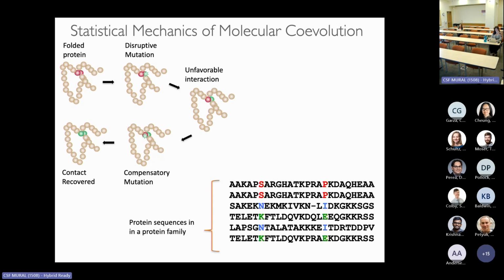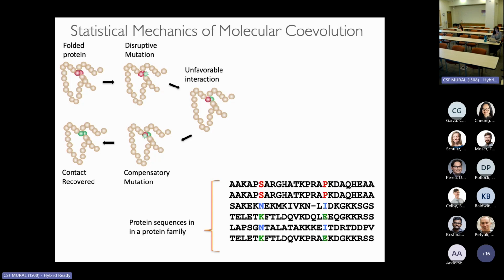So there are two possibilities. One is that this protein leads to a very unfavorable phenotype that gets discarded through evolution. Another possibility is that after long periods, we get compensatory mutations that occur very close to this initial mutation that somehow recover an interaction.